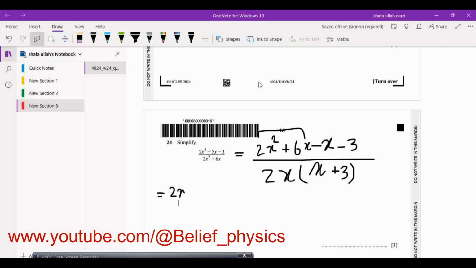We take 2x common from this first pair, so we get 2x into x plus 3, and when we take from this pair we take minus 1 common, so we get minus 1 into x plus 3.